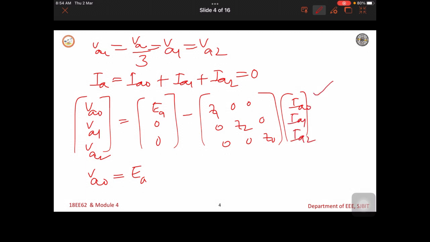This is the matrix equation, written for symmetrical components of voltages.